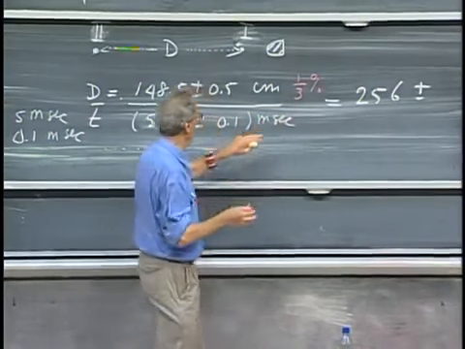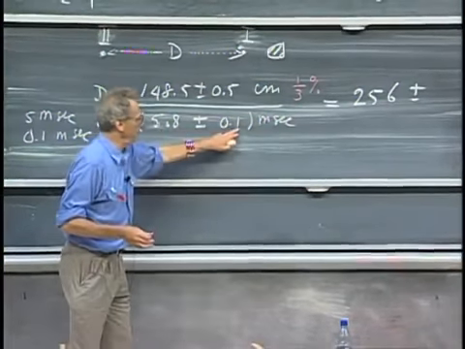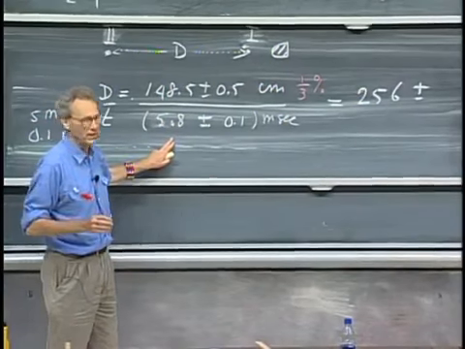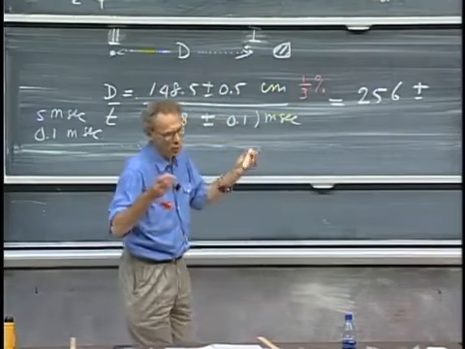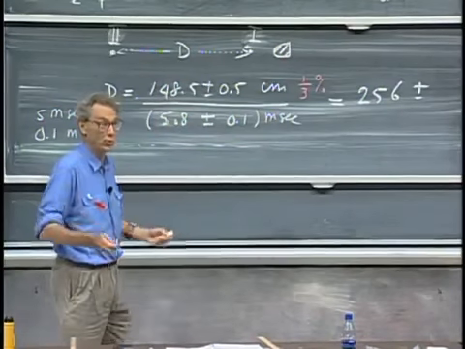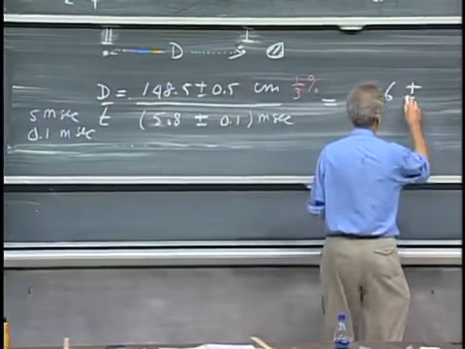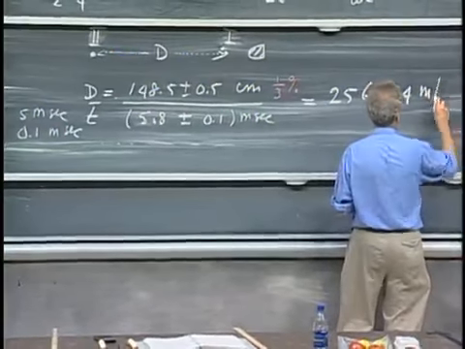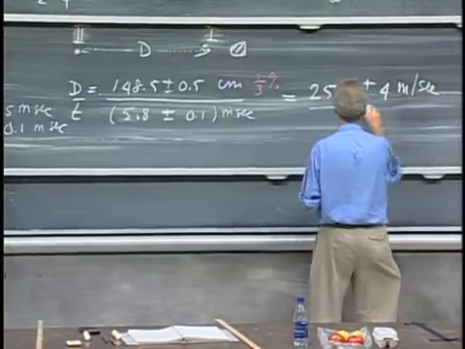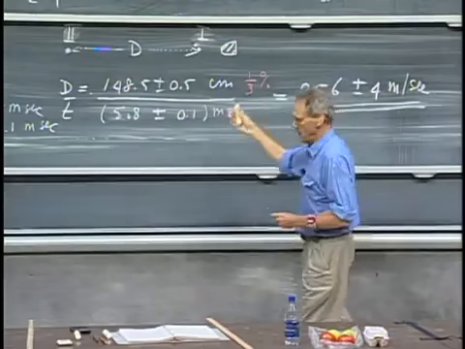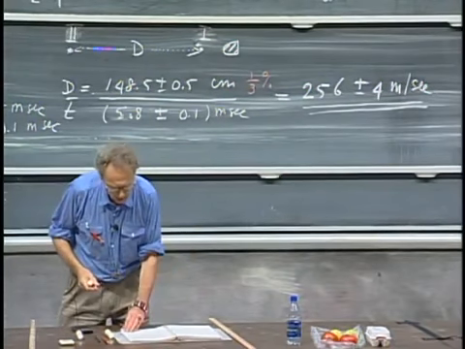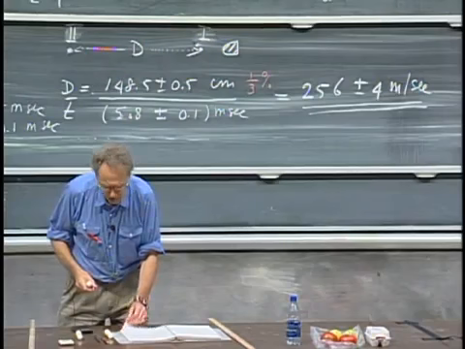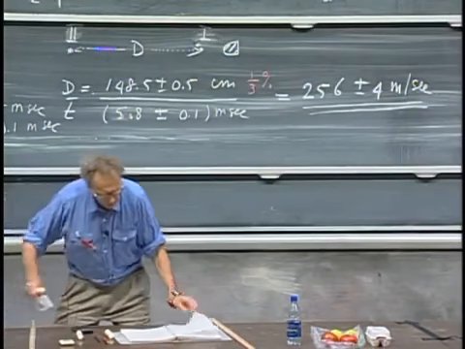It's negligible compared to this one. 1 out of 58 is about 1.7%. So this is the only one we have to worry about. So the uncertainty in there is about 1.7%. It's less than 2, that's what I wanted. And that gives me an error of about 4 meters per second. And so this is the result. And you see, it's only meaningful because we have a good idea about the uncertainties in the measurement.